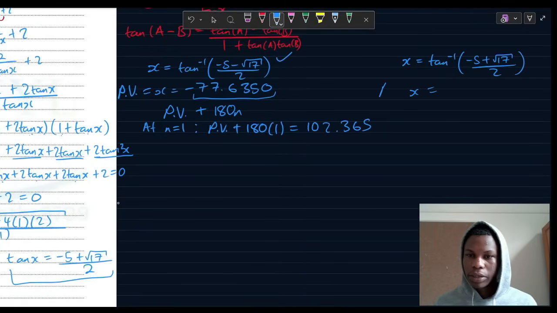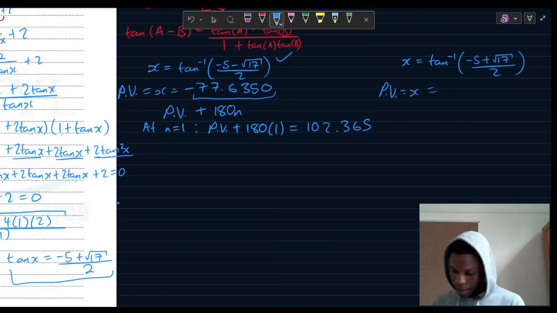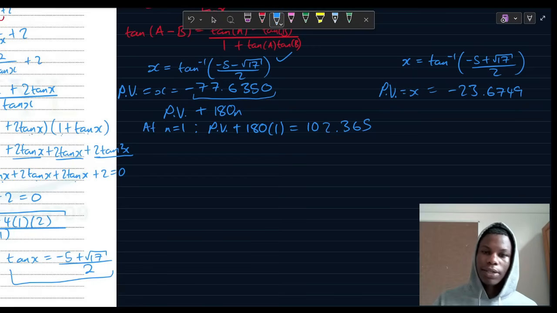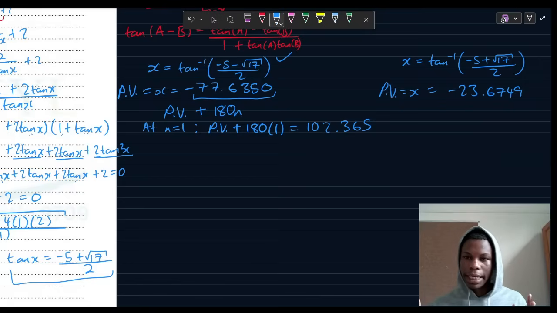Again, punch this into your calculator, and this is going to be your principal value. That gives you negative 23.6749, which is again outside of 0 to 180 degrees.